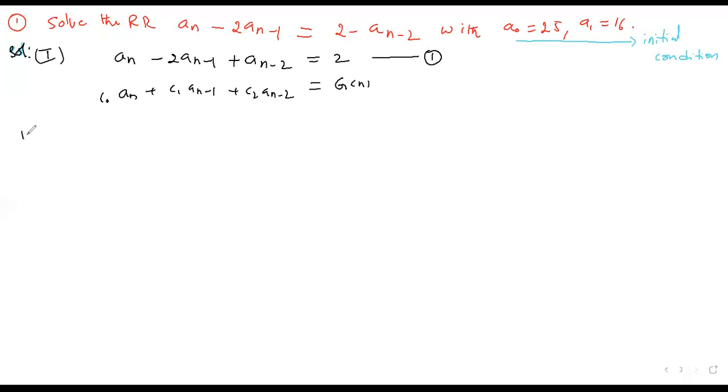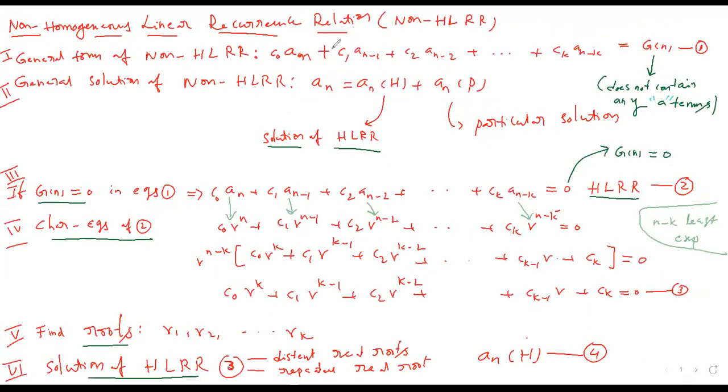Now come to step 2. Step 1 is the general form, which I told you is equation 1. Step 2 means the general solution of a non-homogeneous recurrence relation contains two parts, the sum of the two parts.